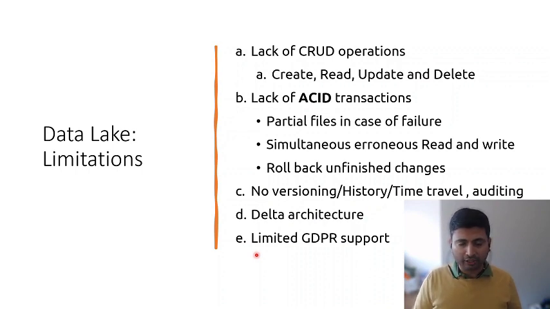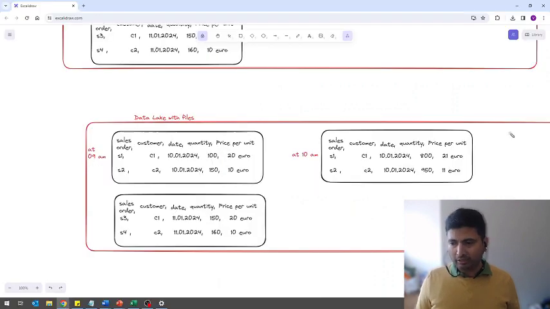And if such a request comes, you should be able to easily remove certain records as and when required. As an example here, you see there is a C1 customer, and if C1 customer tomorrow comes and says, I do not want to store my data in your system, I should be able to right away go delete all the records for C1 from all the systems. And that feature is also not that easy to achieve.